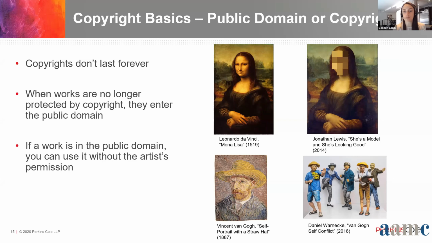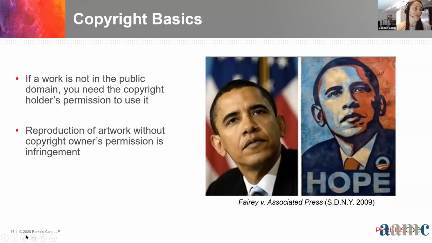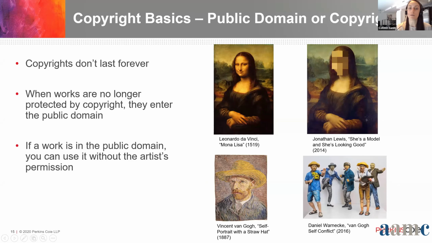If a work is in the public domain, you can really do whatever you want with it. The public owns these works. They're no longer owned by an author or an artist, so anyone can use public domain works without obtaining permission. No one can ever own them. And this also means that you can make derivative works based on works in the public domain.